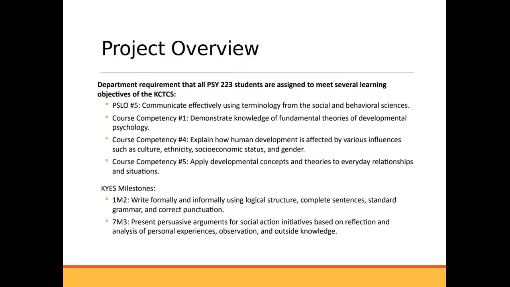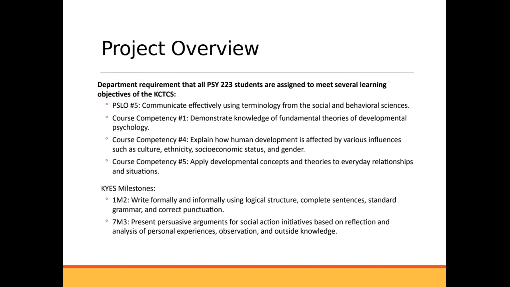So there's learning objectives, course competencies that it meets, and different milestones that it meets. These are listed in the project. I'm not going to read through them, but basically it's applying the theory, understanding the theory, comparing different behavioral theories, and being able to write in a formal structure. And for us in psychology, that's APA.